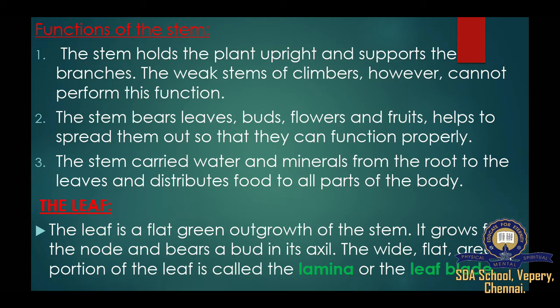For example, it helps to spread out the leaves in such a way that they get the maximum possible sunlight and air. Stem carries water and minerals from the root to the leaves and distributes food to all parts of the plant. The next topic is leaf.